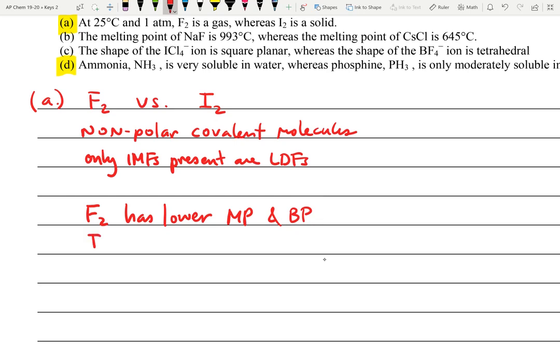Iodine, on the other hand, has higher ones, and that is evidenced by the fact that at room temperature it's still a solid, so it hasn't melted or boiled yet.